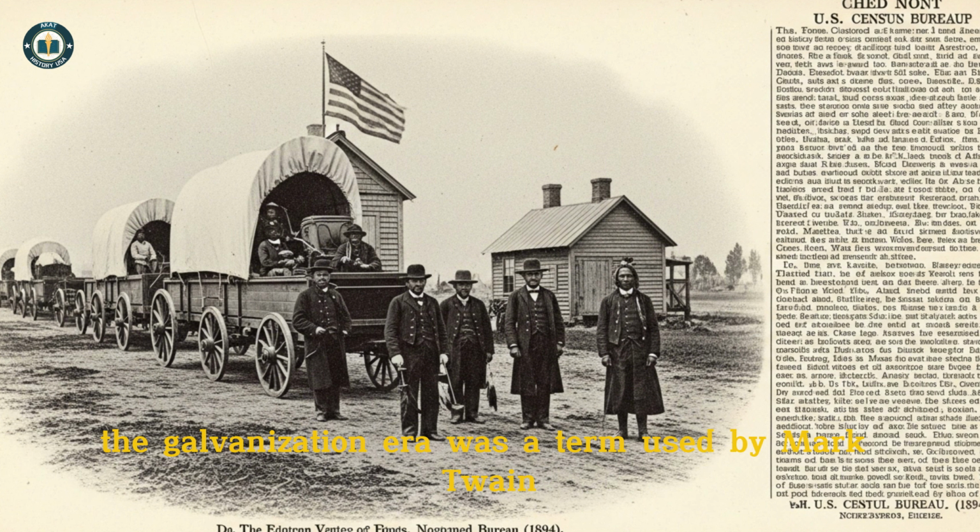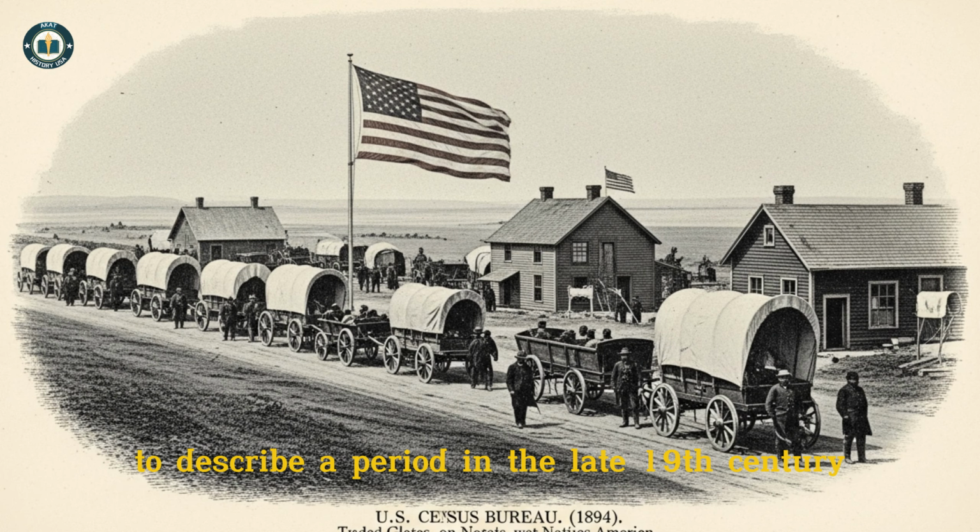The Gilded Age was a term used by Mark Twain to describe a period in the late 19th century when American wealth and prosperity increased dramatically. Reforms of the era included the Civil Service Act, which required applicants for government jobs to compete on merit. Other important laws included the Interstate Commerce Act, which ended railroad discrimination against small shipping companies, and the Sherman Antitrust Act, which prohibited monopolies in commerce.